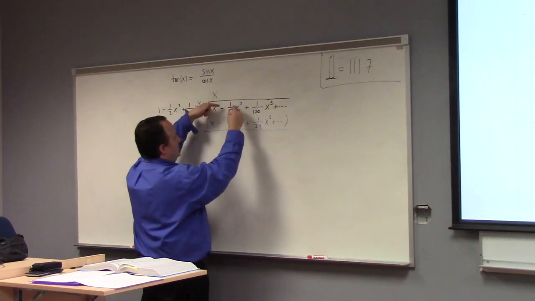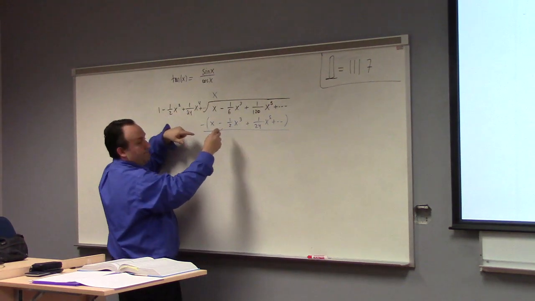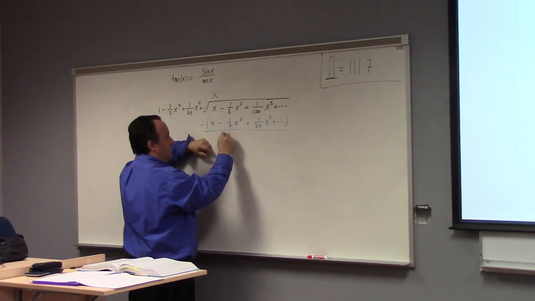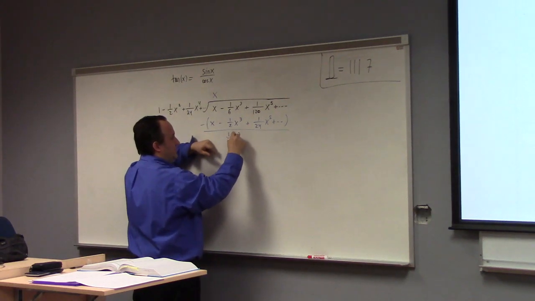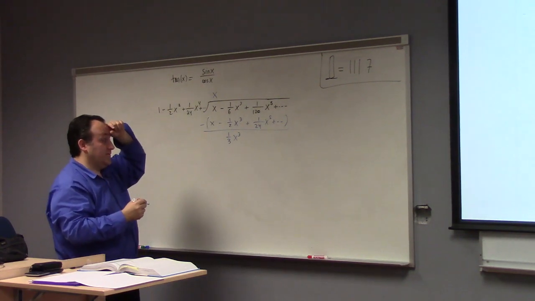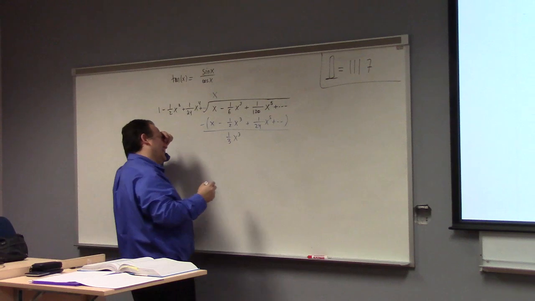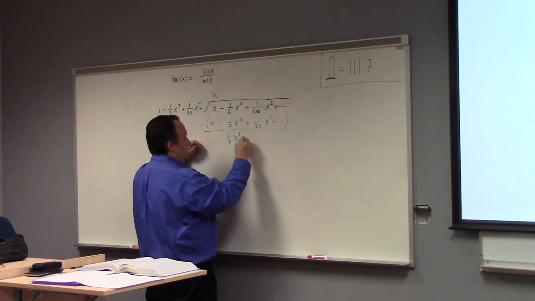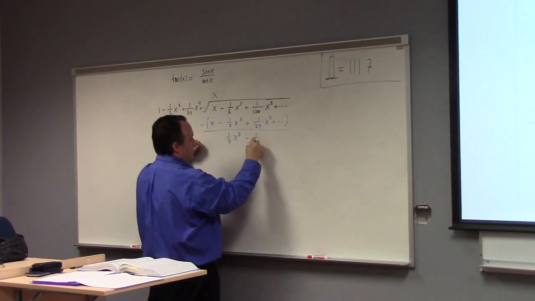And so I get minus 1/6 plus 3/6, which is 1/3 x cubed. 1 minus 5 is minus 4 over 120, which is, I think that's minus 1 over 32.